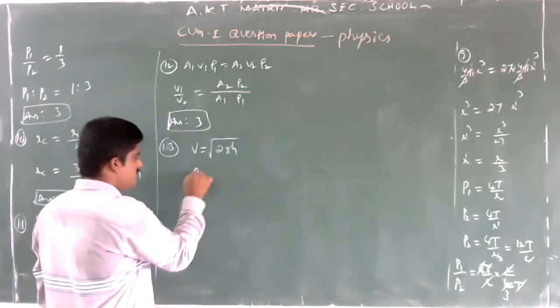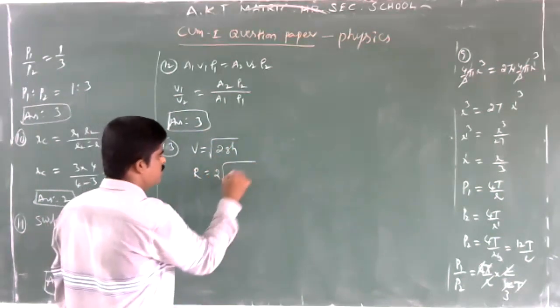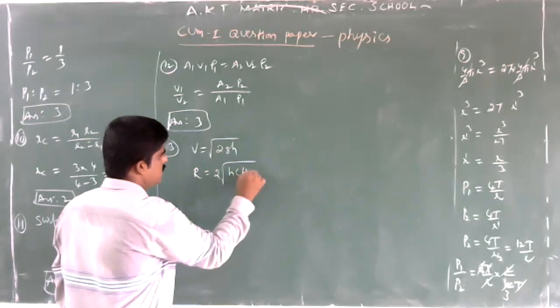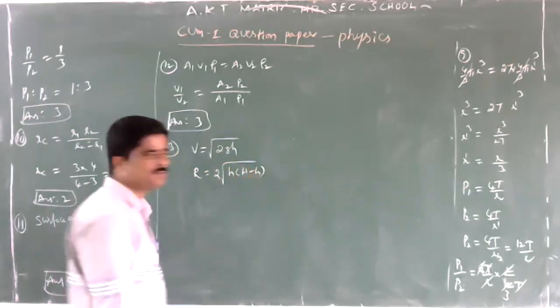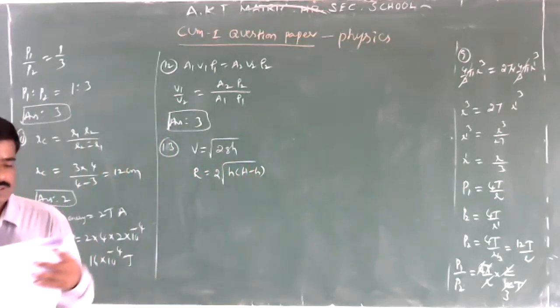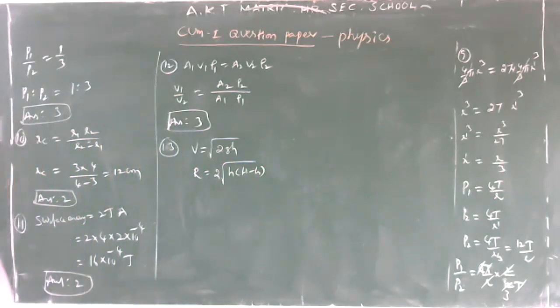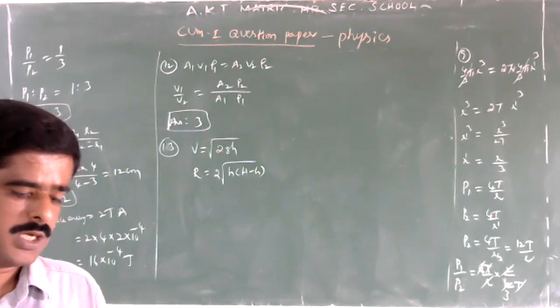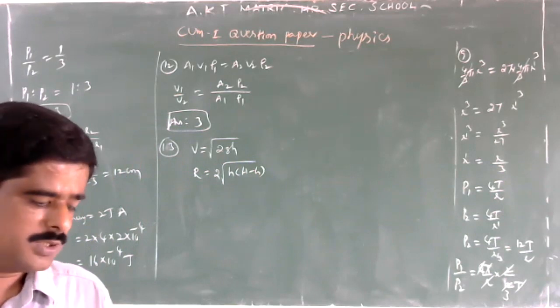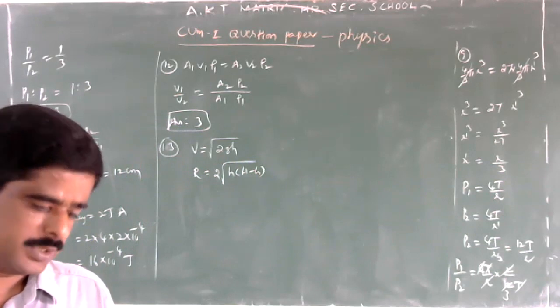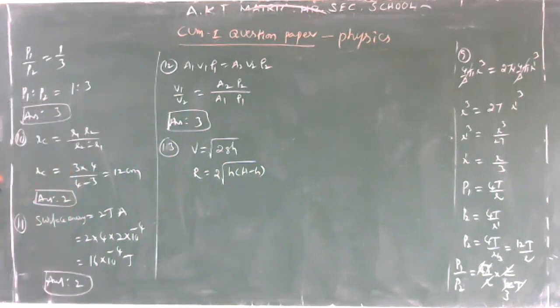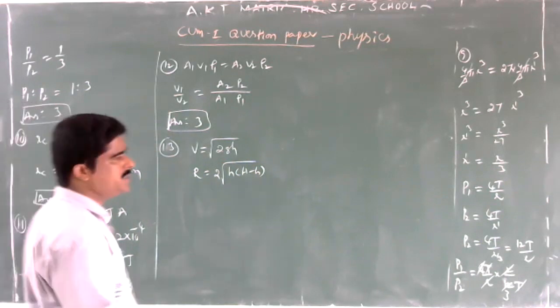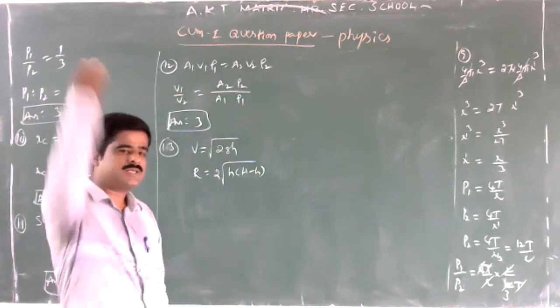Next, what is the range? R is equal to 2 into square root of h into (H minus h). Okay. What are they asking? See the options. Velocity increases, or range increases, or range remains same. Both 1 and 3 are correct. See, actually the tank is placed in a lift, but the lift is accelerating upward.